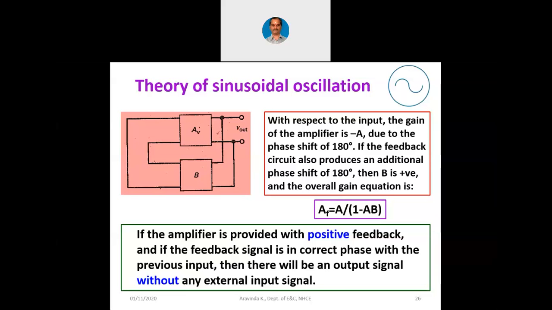Then, if this condition, A beta equals 1, is met, the amplifier itself will become an oscillator with the positive feedback without any external input at all. So, the question now is, if the amplifier becomes an oscillator and, as soon as we switch on, let us say the circuit produces an output of a required frequency, then how does the initial signal come into the picture here?